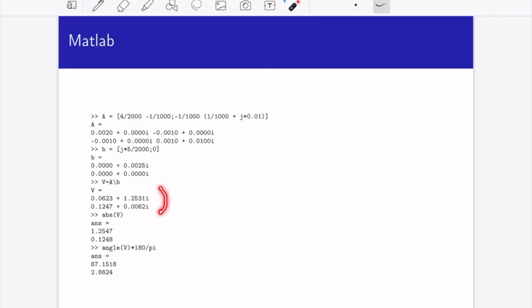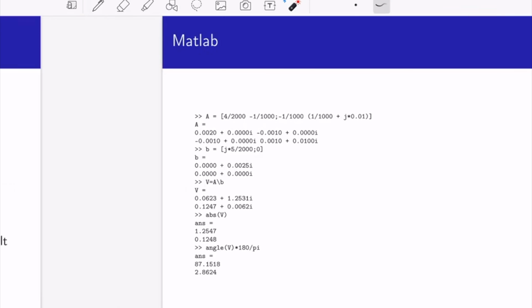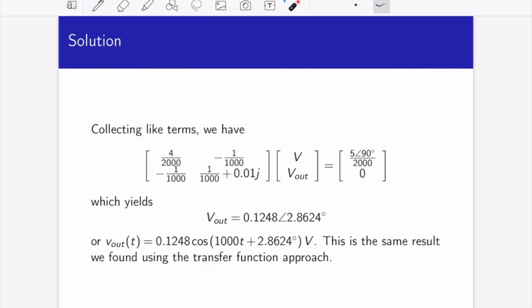That solves for V, which is our output vector. We can find the magnitude of V by using the ABS function, and then we just have to remember which of the values we cared about. We were solving for V and V out.